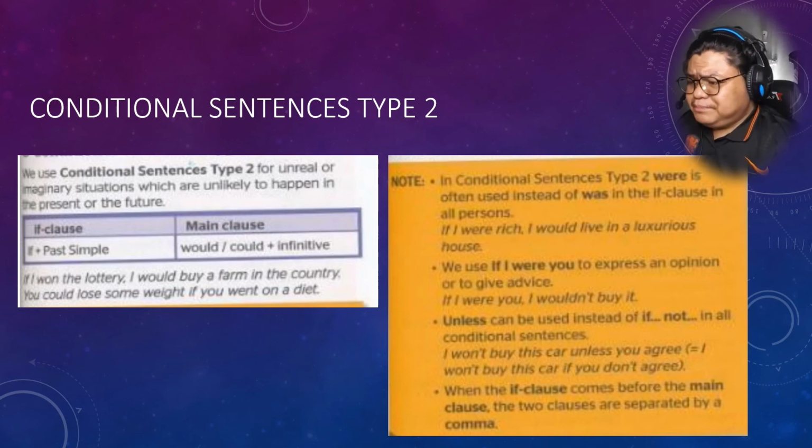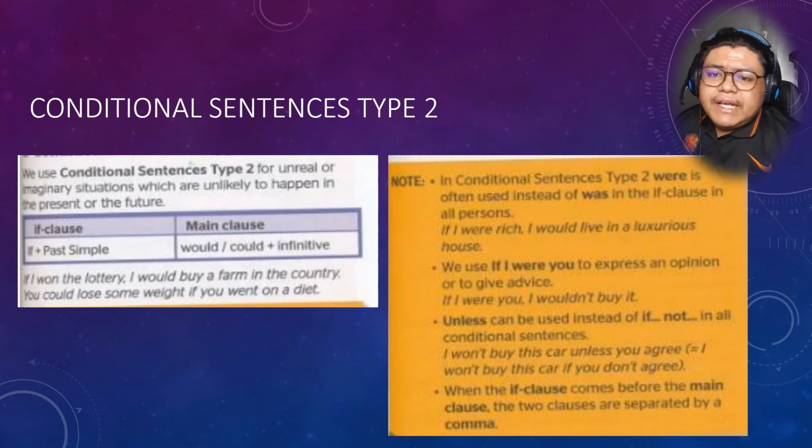Nombor ekor lah. So kalau saya menang, I would buy a farm in the country. So it's imaginary, something that we imagine. Kita bukan jangka, dia lebih kepada macam angan-angan lah, senang cerita.